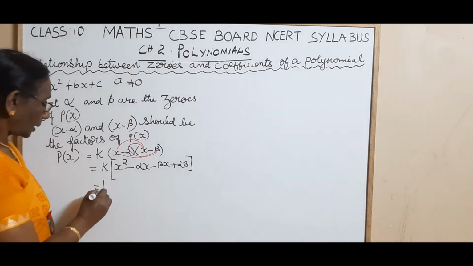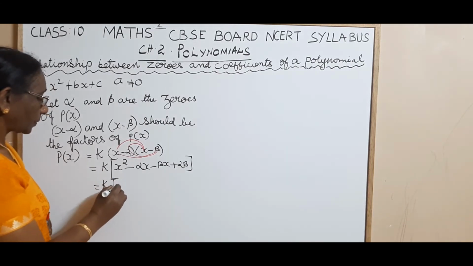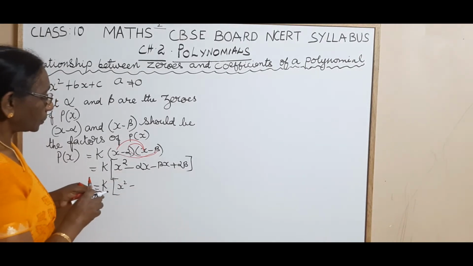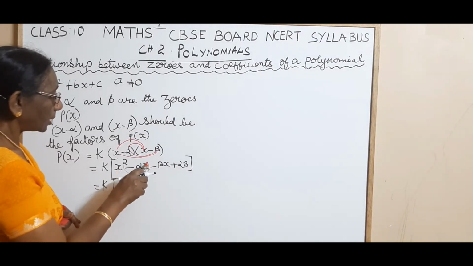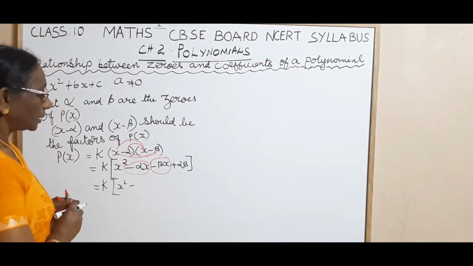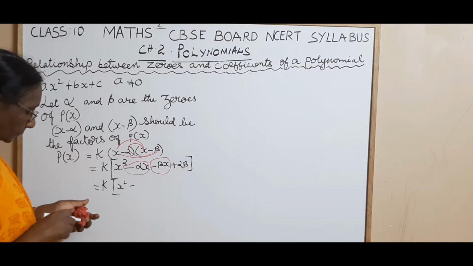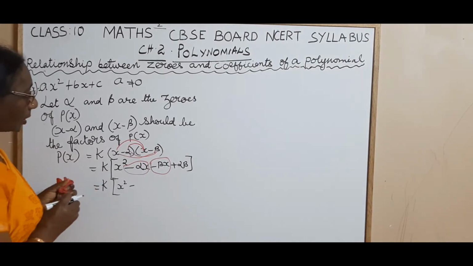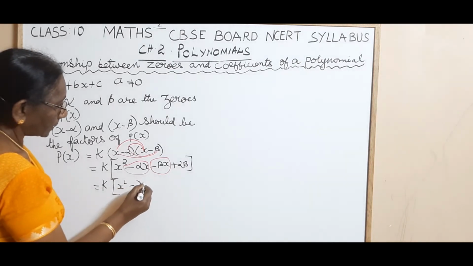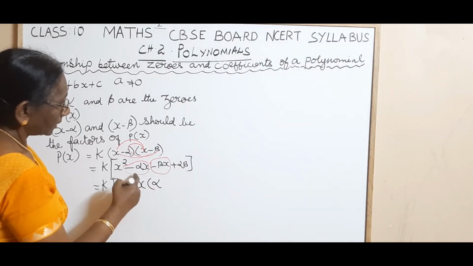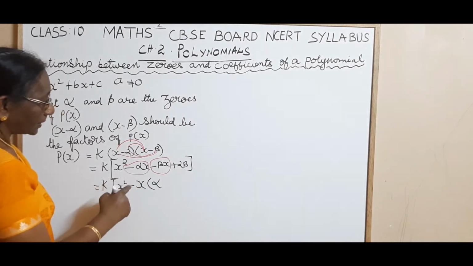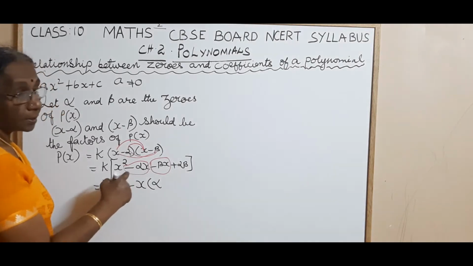Okay, so now again k into x squared minus, here when you take these two terms, minus alpha x and minus beta x, minus is common in both. So write minus, and then x is common in both, so write x into alpha plus beta. When you take the minus sign outside, you have to change the sign of both terms.